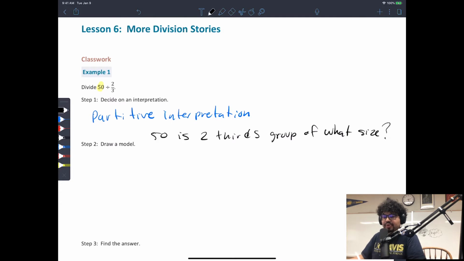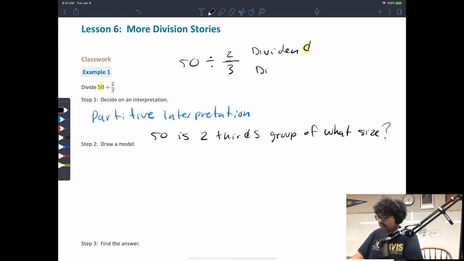Okay, and then before we draw the model, let's make sure that we mention that our problem here is 50 divided by 2/3. In this case, the 2 is the dividend, and then the number 3 at the bottom is the divisor.